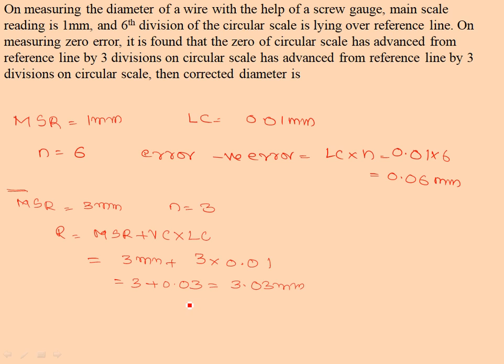Since this is a negative error, you have to make a positive correction. That means you have to add 0.06 to this, so this will be 3.09 mm. So our final answer will be 3.09 mm. That is how you have to solve this question.